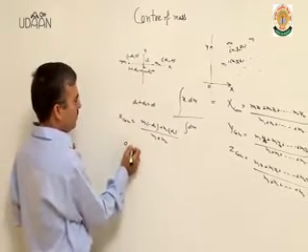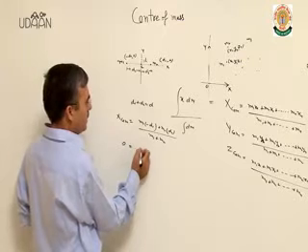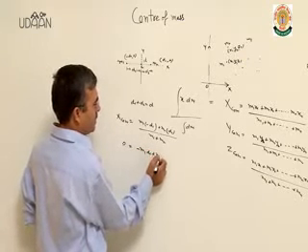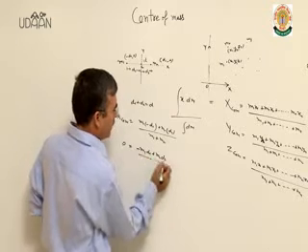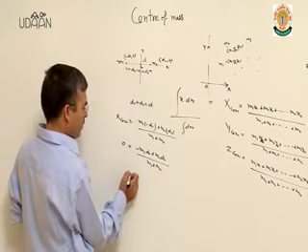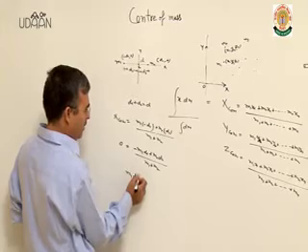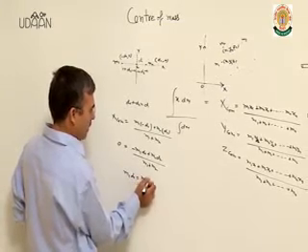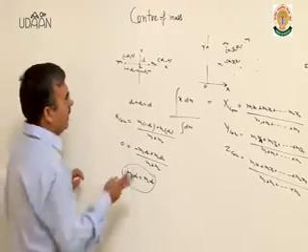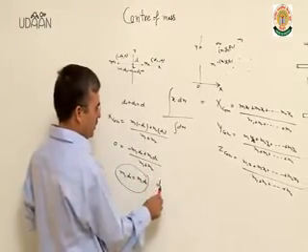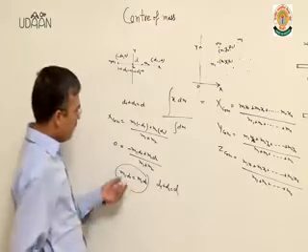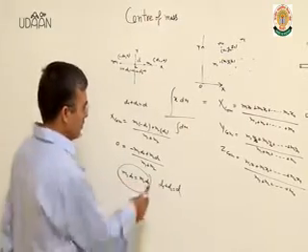So minus m1d1 plus m2d2 is 0, or you can write m1d1 equal to m2d2. Clear? And d1 plus d2 is d. So you can easily calculate d1 and d2 from these two equations.